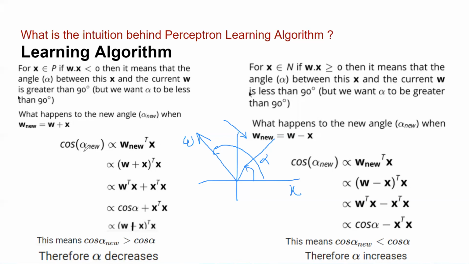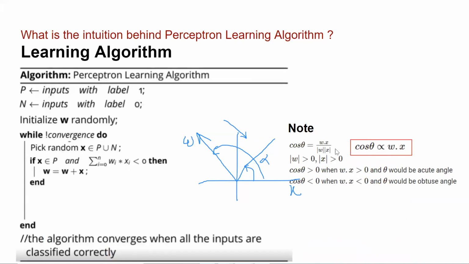Okay. So now look at this expression, cos alpha new. If I add this w plus x, my alpha will change. So cos alpha new is proportional to w new transpose into x. This is coming straight from here, right? So if my weight changes, obviously the angle will also change.